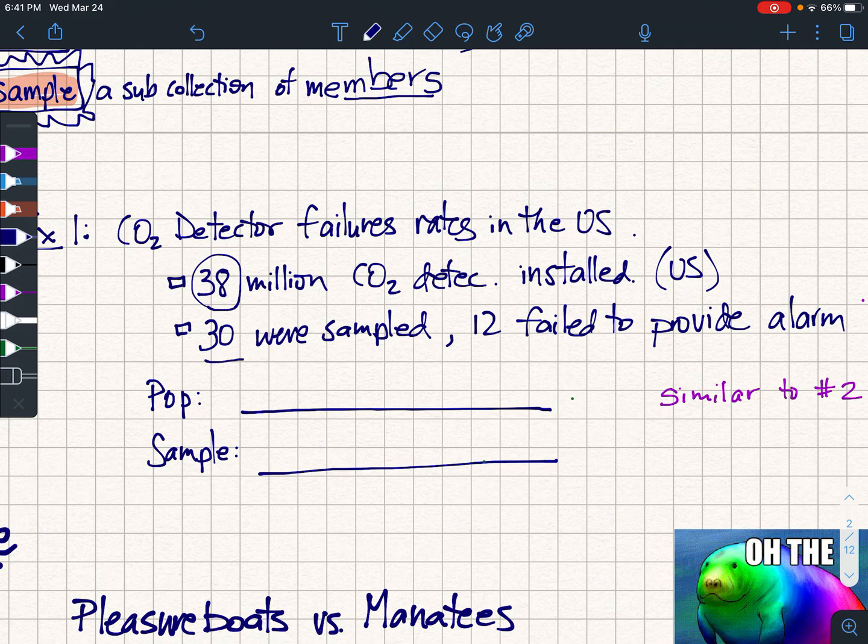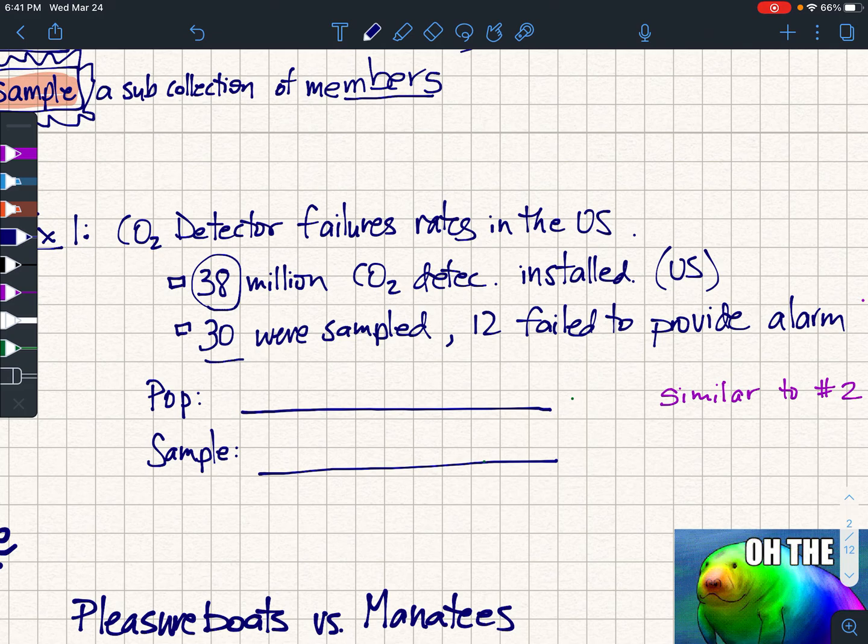They sampled 30 of them. Now they didn't say how, and that seems like a really small number, I agree. Why did you pick just 30? 12 of these that were sampled, maybe they came back as returned items or something, I don't know, failed to provide an alarm.